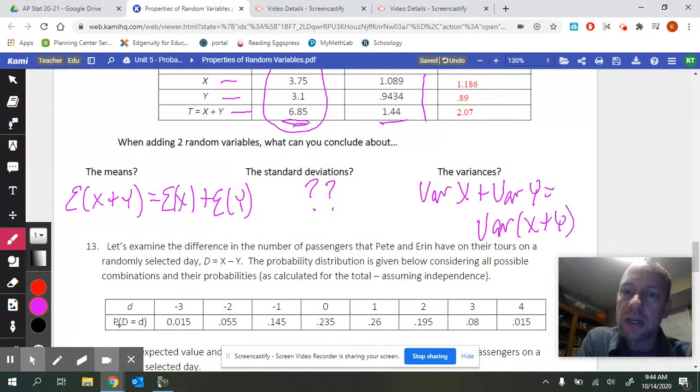The variance of X is just sigma X squared, plus the variance of Y is just sigma Y squared. And if you do that, you get sigma of X plus Y squared.